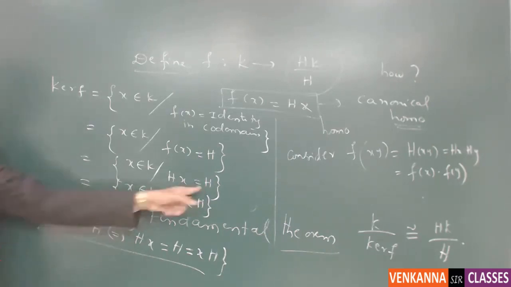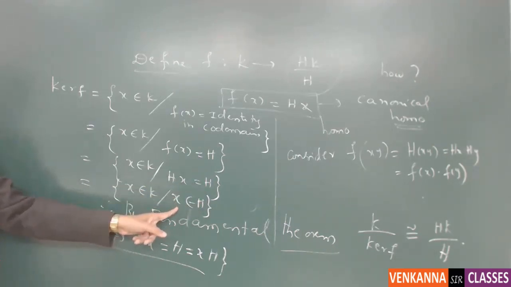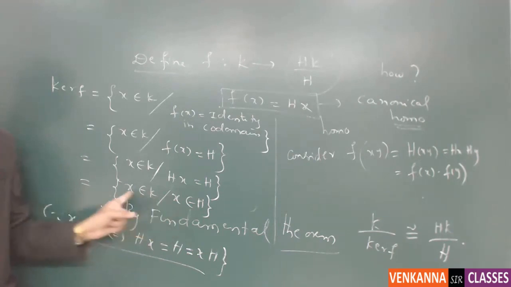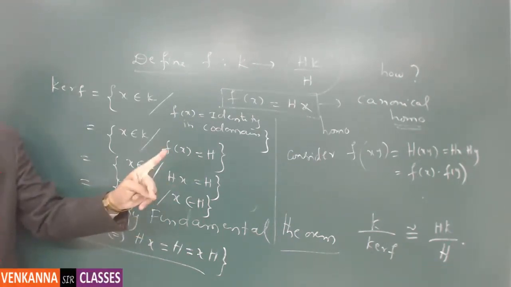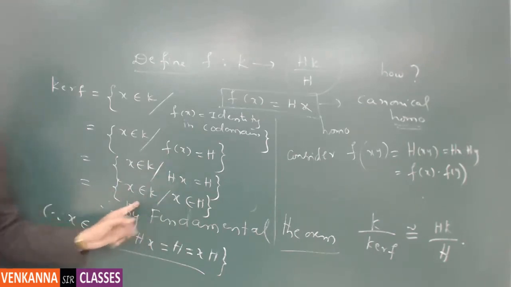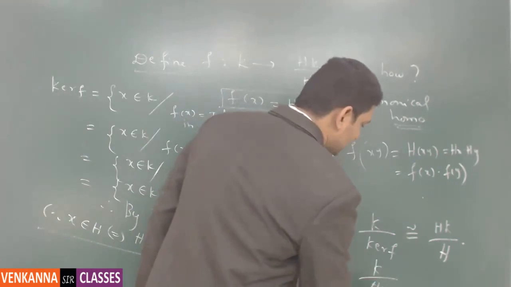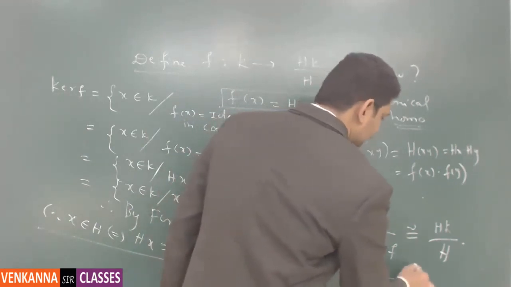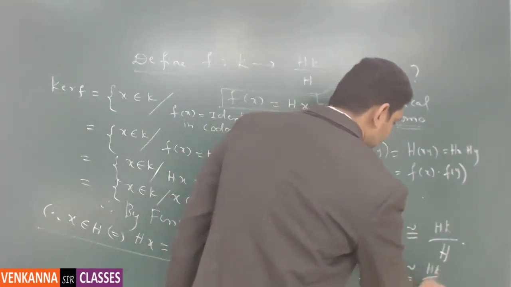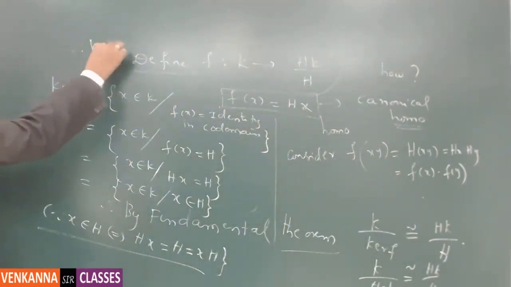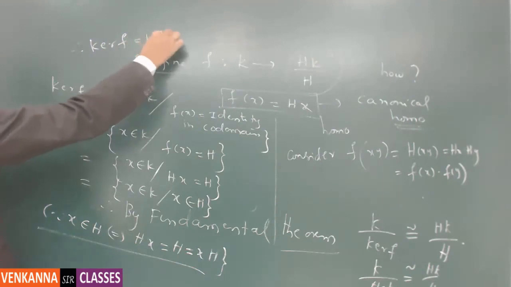Since hx is equal to H, from this you can write x belongs to H. So what did we get? x belongs to H and x belongs to K. This element is common to both sets, K as well as H. Therefore, this is nothing but H intersection K. Therefore, kernel F is nothing but H intersection K.